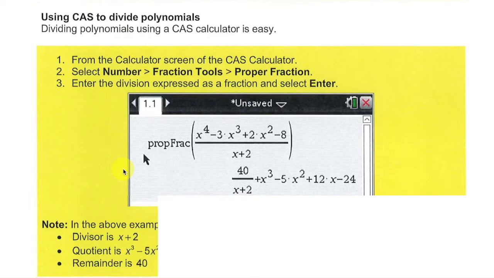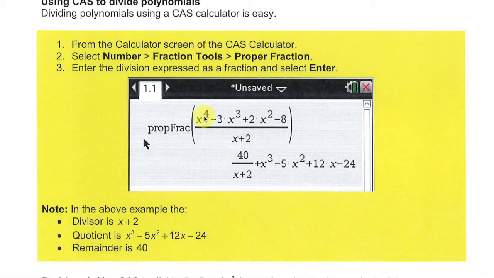With our CAS, if we have the quartic here and we're dividing it by the linear here, then this can be written as x cubed minus 5x squared plus 12x take away 24 plus 40 over x plus 2. So this is the original polynomial. Here we have the divisor, what it's divided by.